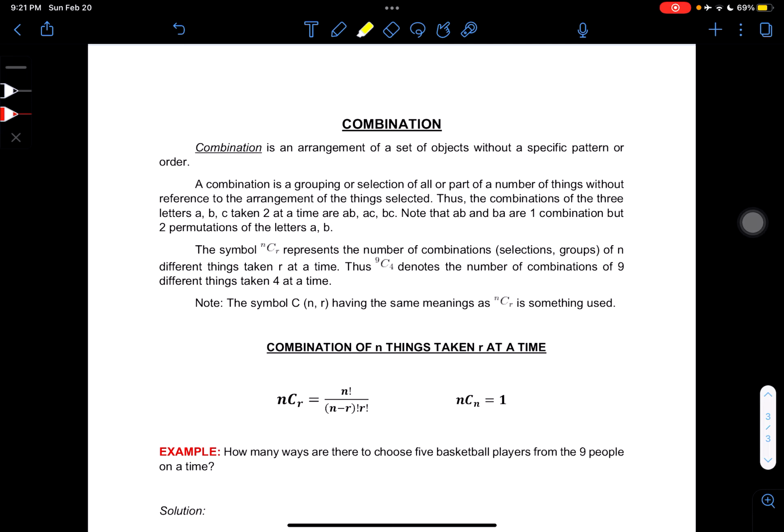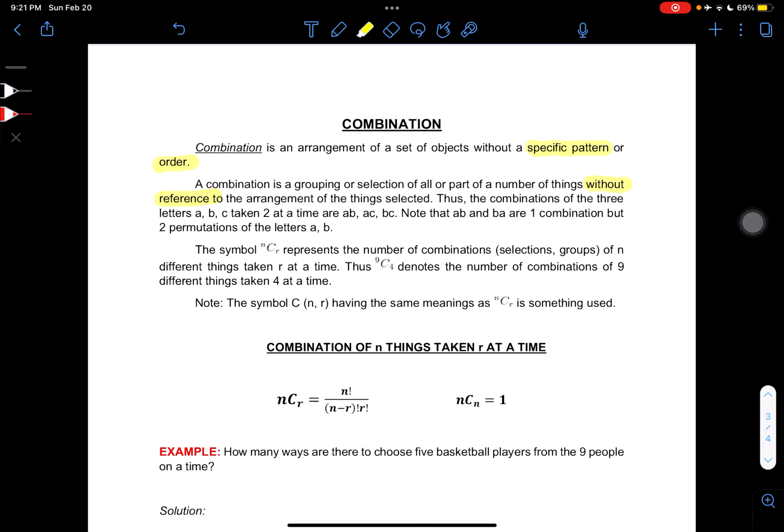So combination is an arrangement of sets of objects without a specific pattern or order. Clear, right? That is their difference from permutation. So a combination is a grouping or selection of all or part of a number of things without reference to the arrangement of the things selected.